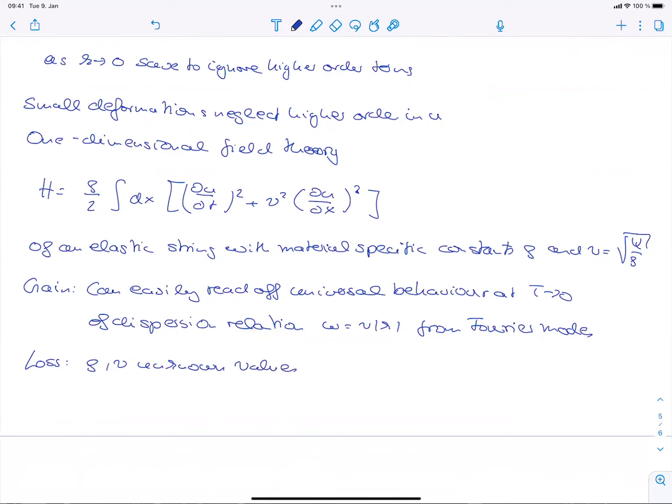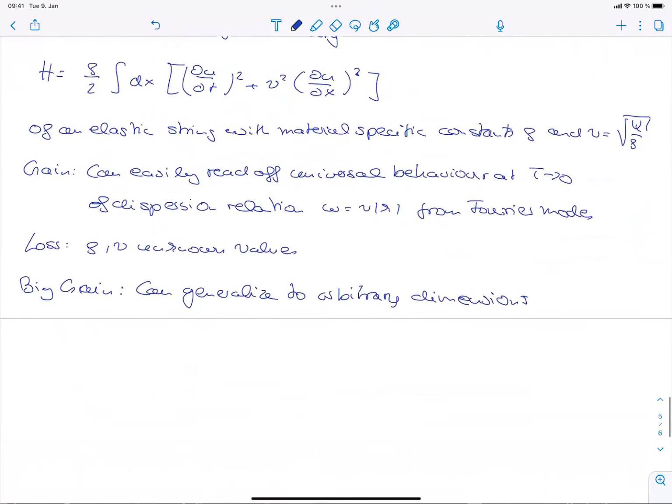But here it comes. The big gain is we can generalize to arbitrary dimension. And this is where the big business starts. Say we consider an isotropic material.